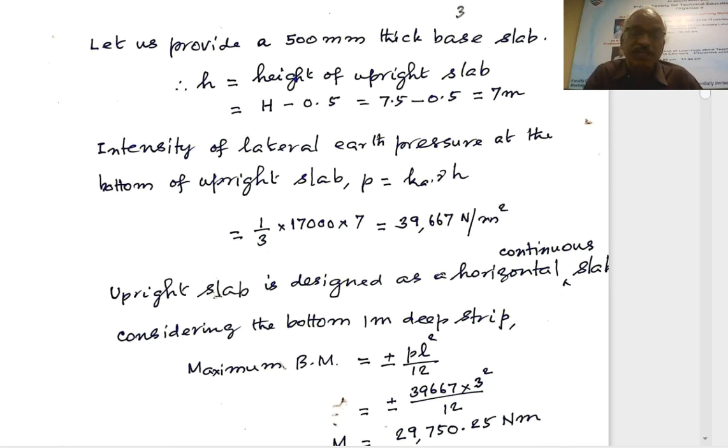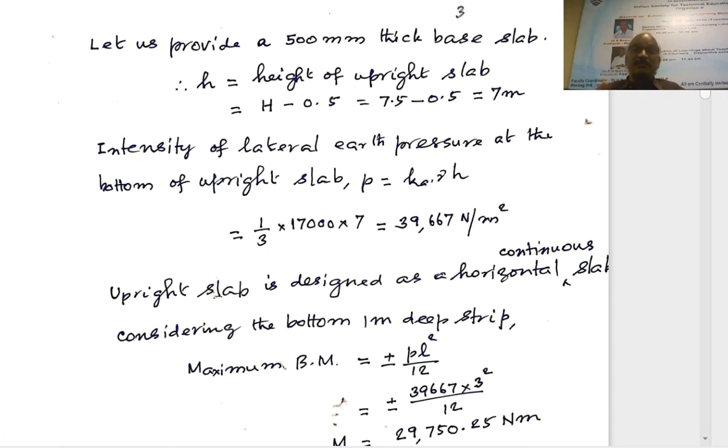The intensity of lateral earth pressure, as we have discussed, is Ka into gamma into H, which is 39,667. Now, the upright slab is designed as a horizontal continuous slab. For a horizontal continuous slab, we take the bottom 1 meter deep strip, where the pressure is maximum. We are going to adopt uniform thickness.